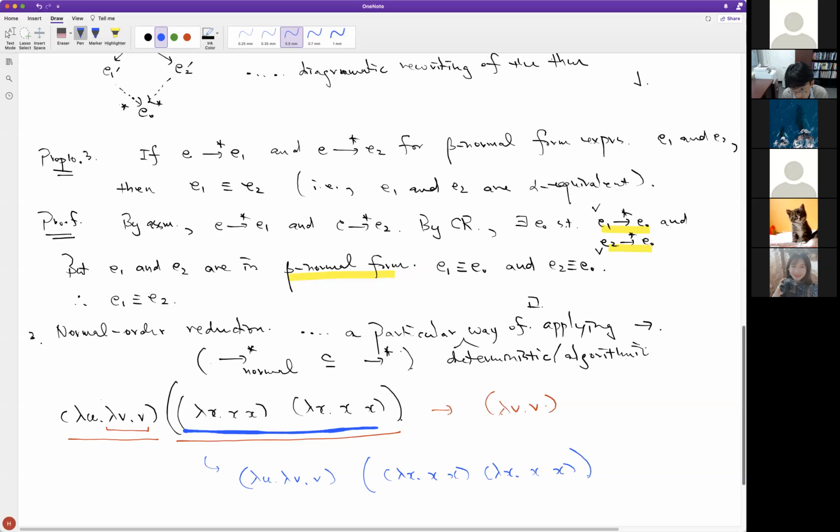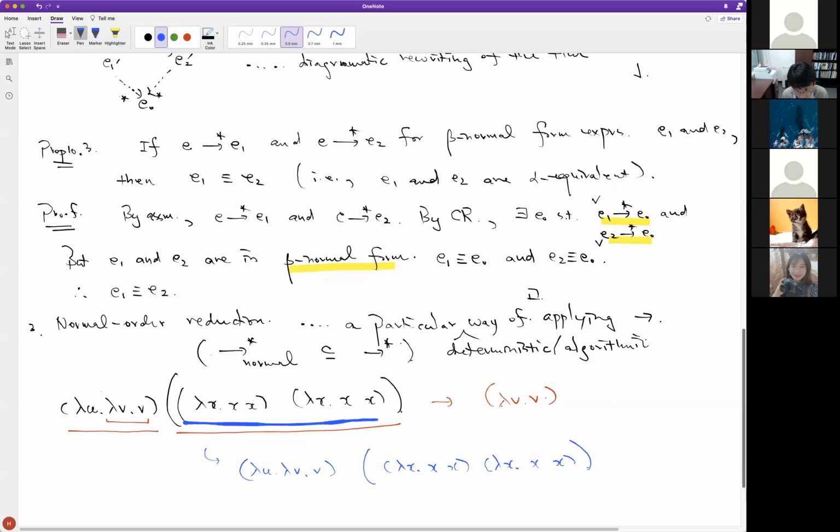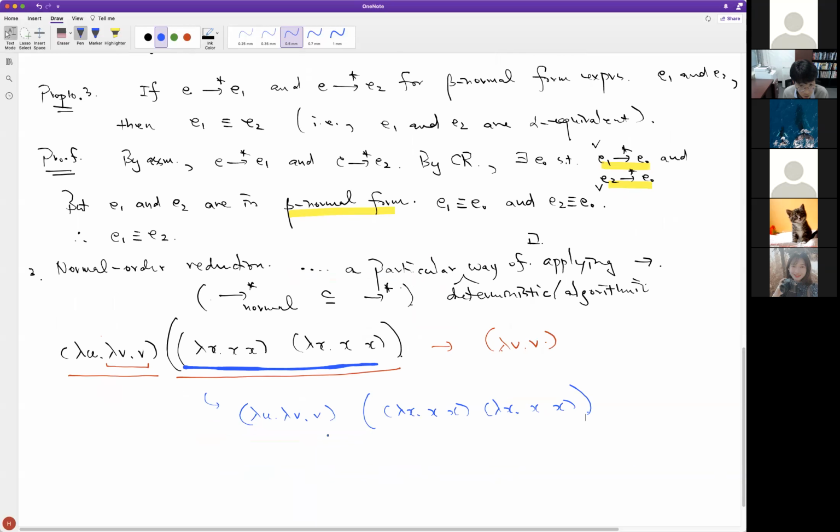So this means that if we follow exactly the same strategy, we can essentially get the same thing again and again, and this can go on forever. What this example suggests is that depending on which beta redex we reduce first, the red one that we pointed out or the blue one, we either get a beta normal form, or we may end up contracting the given expression again and again forever.